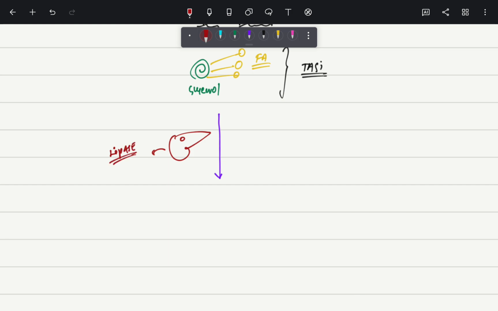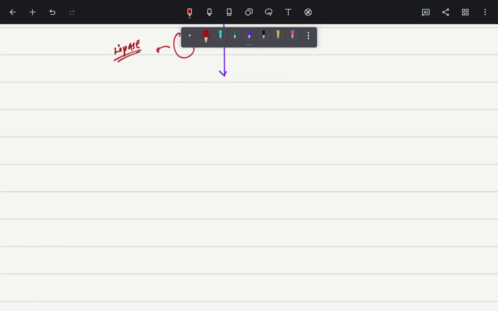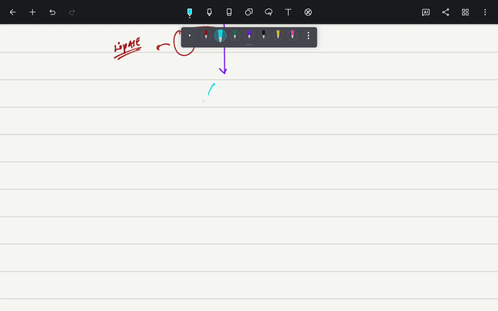The lipase will do hydrolysis of the triacylglycerol, and it will break down into two components. One is your glycerol and the other one is your fatty acid. As I already told in my previous video, the fatty acid will enter the circulation, and from the circulation it will bind with the albumin and reach the target tissues.